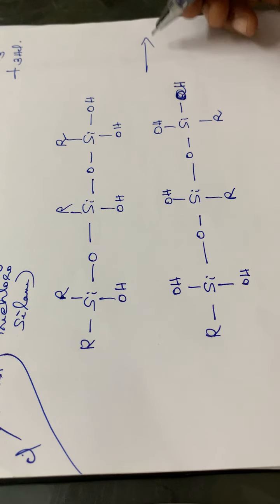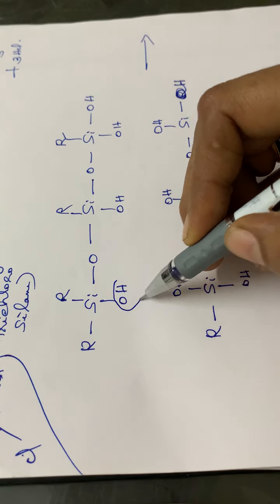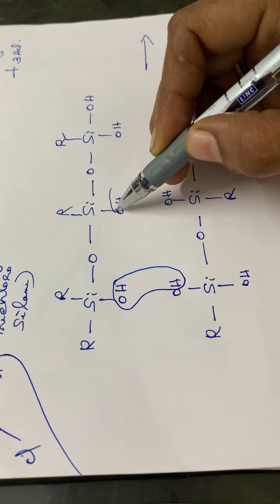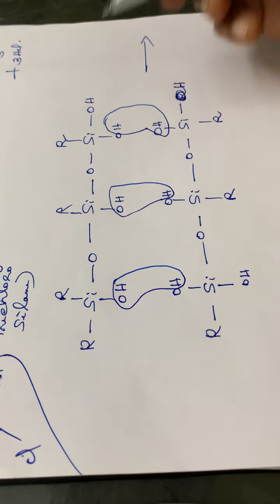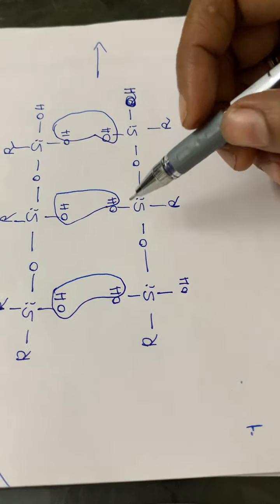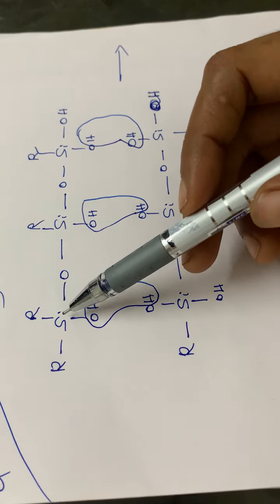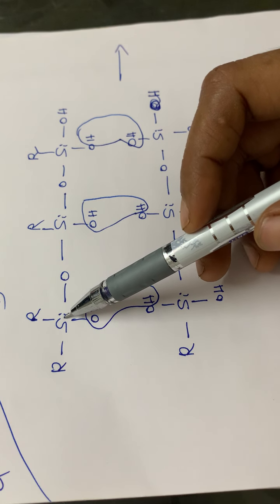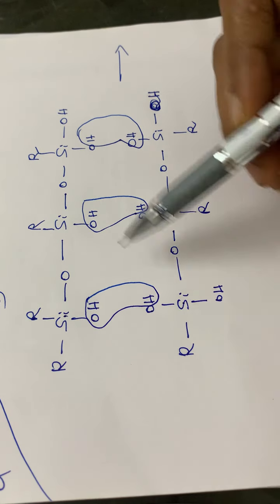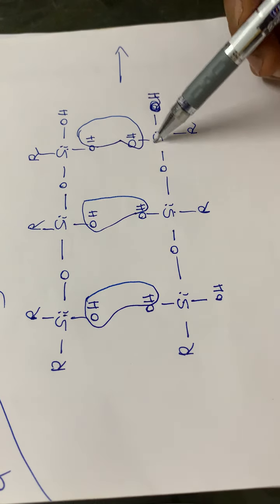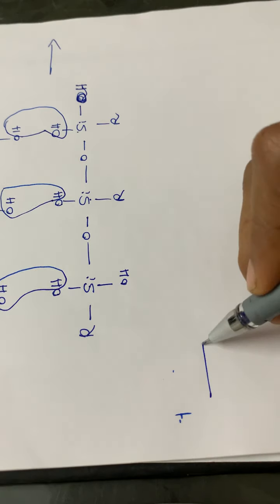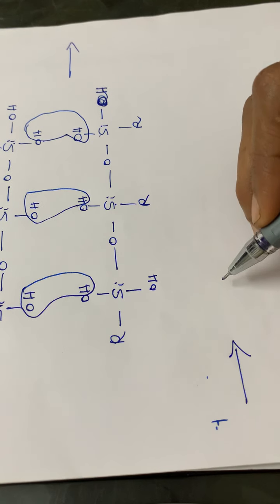So here one molecule of water will be eliminated, from this position also one molecule of water is eliminated. So we will be having a cross-linked polymer, that is the bond will be SiOSi, here also SiOSi, again SiOSi. Okay, so the product will be like this.